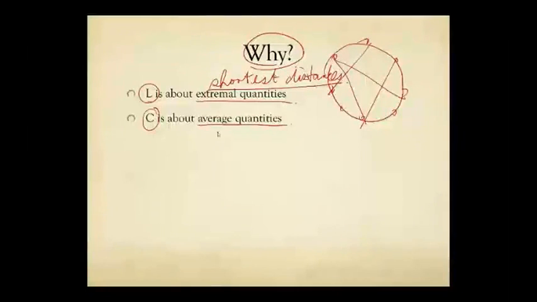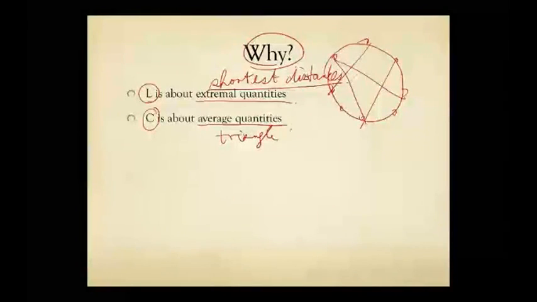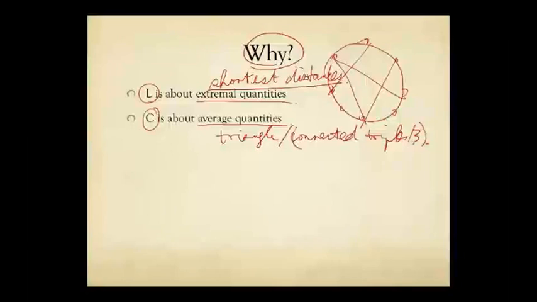It is talking about the percentage of triad closure out of all the connected triples in the entire graph. Okay, divide by 3 for normalization. I am not talking about an extremal quantity. This is an average quantity, average across the entire graph.